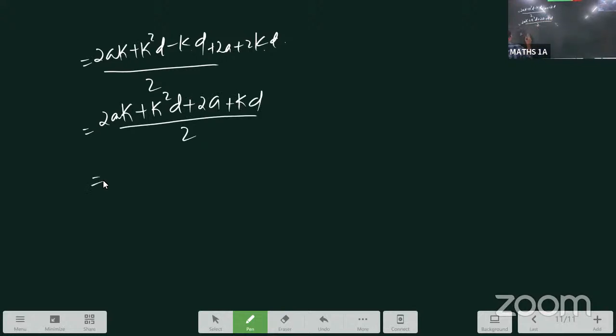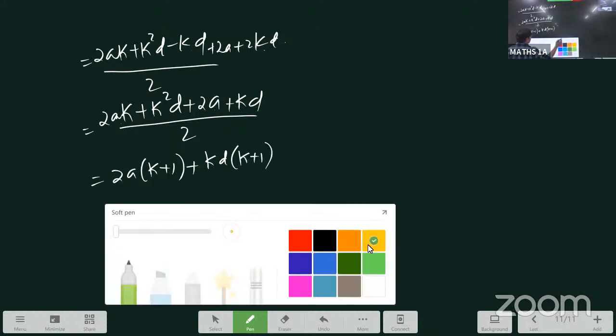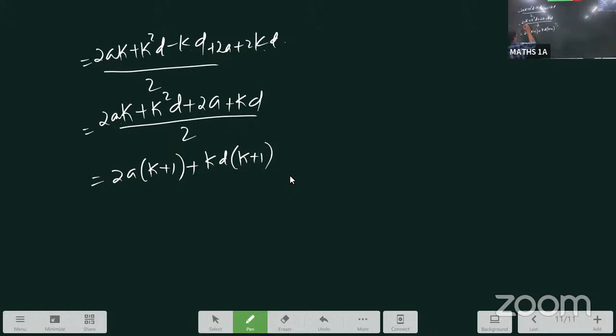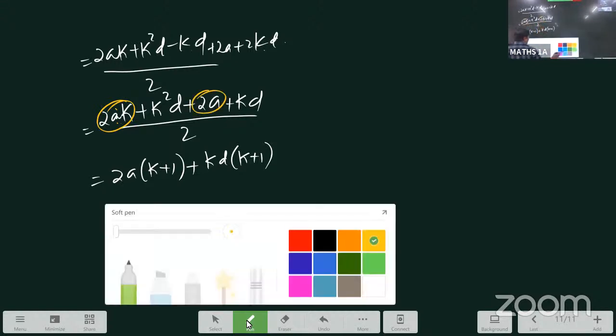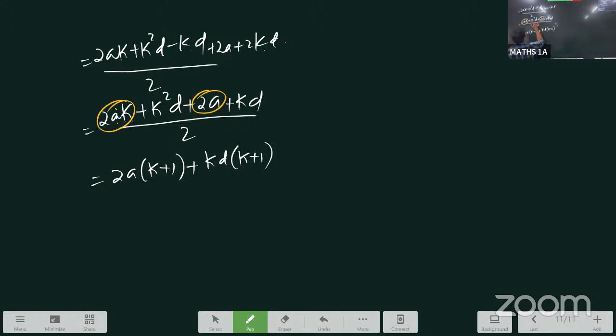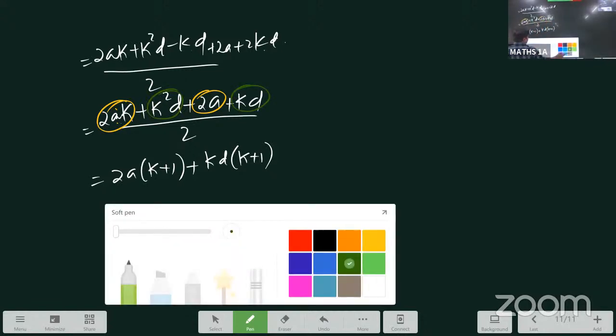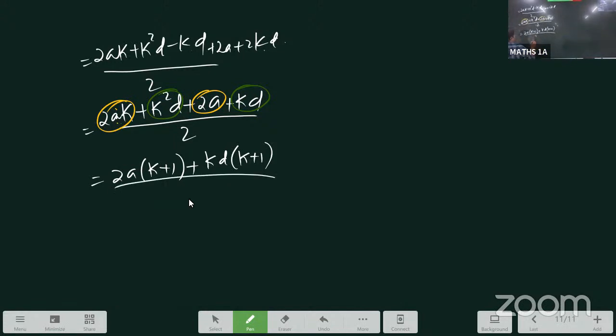Now I am going to take 2a common from 2ak and 2a, so 2a into (k plus 1). And kd common from k square d and kd, so kd into (k plus 1). Now I'm going to take k plus 1 common.